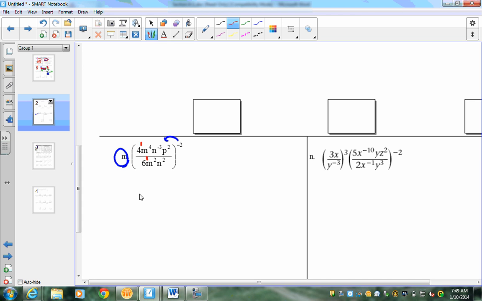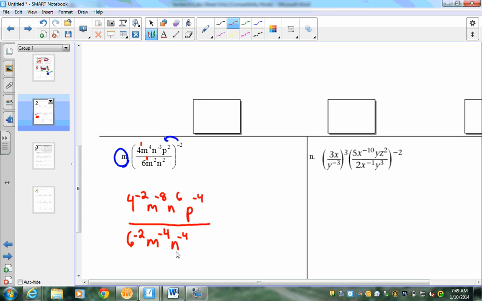So when I do that, it becomes 4 to the -2, m to the -8, n to the 6, p to the -4, over 6 to the -2, m to the -4, and then lastly n to the -4.